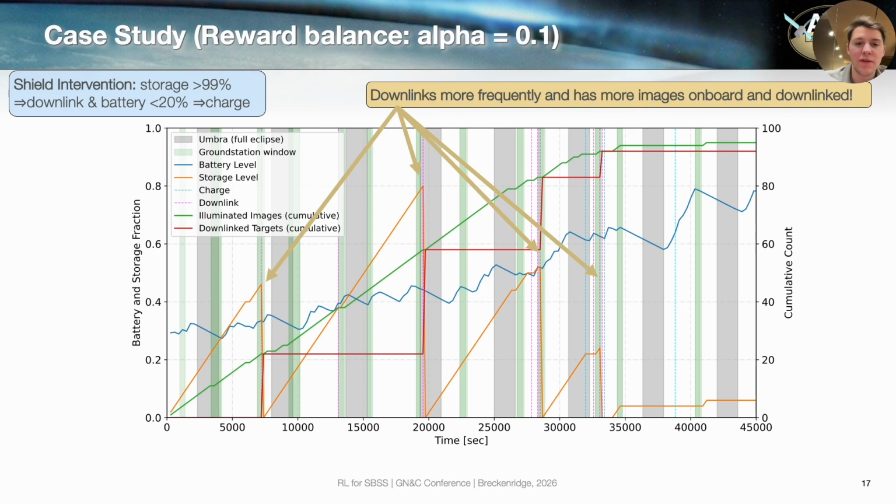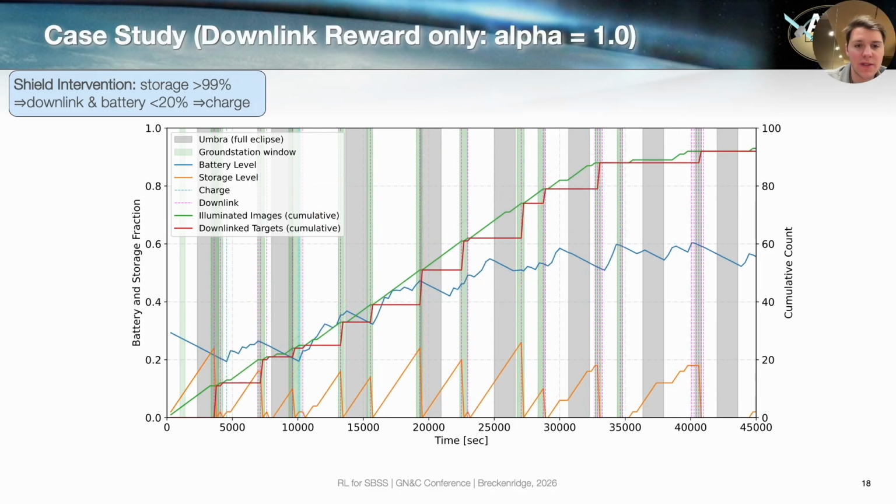If we push this even further, here we're using alpha 1.0. This is the most extreme case where the reinforcement learning agent is only getting rewarded when it's downlinking an illuminated image. Here we can see it's really trying to use every single ground station window that it has to downlink whatever data it has to the ground.